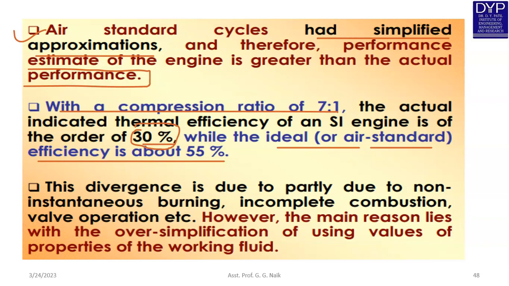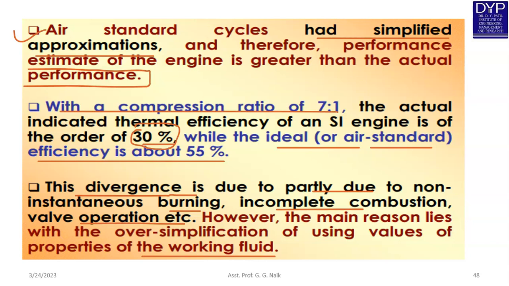Okay, this divergence is partially due to non-instantaneous burning, incomplete combustion, valve operation, etc. However, the main reason lies with the oversimplified use of values of properties of the working fluid.